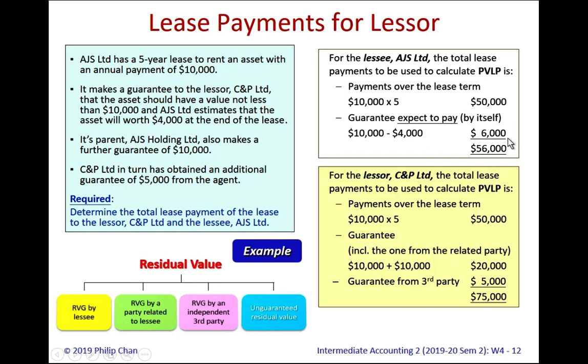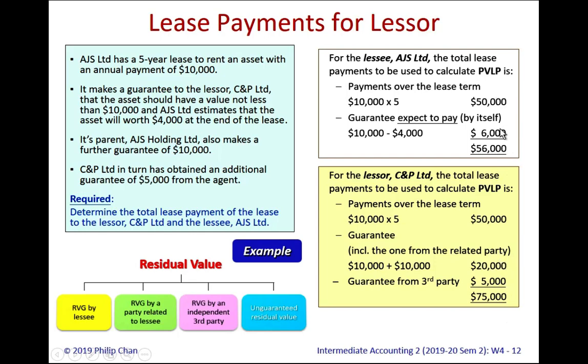So at the end, 6,000 RVG is expected to be paid, right? So altogether 56,000. So you can see the two parties have different total lease payments.